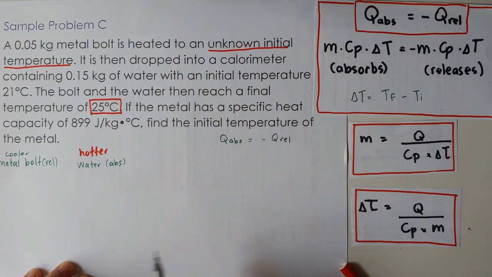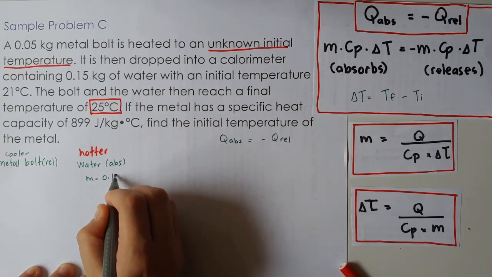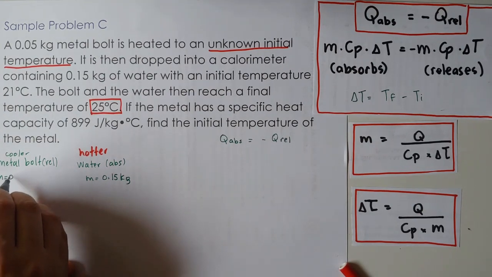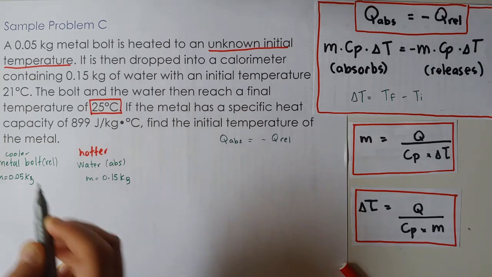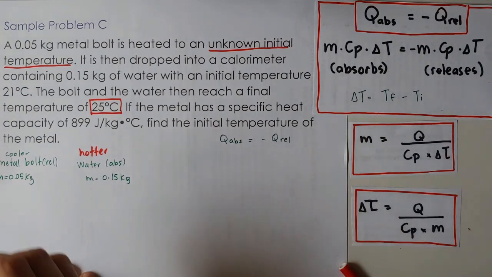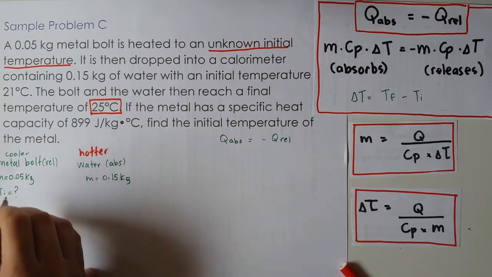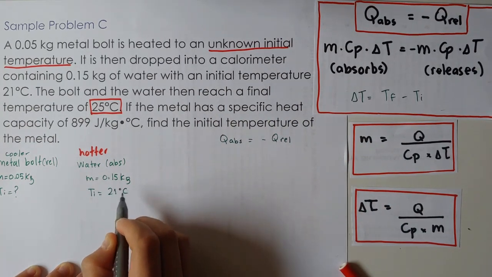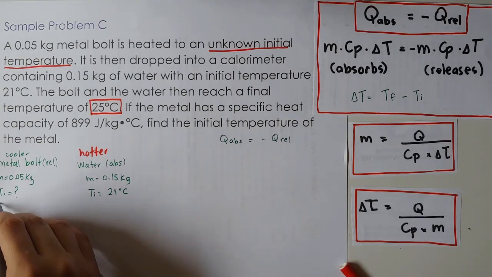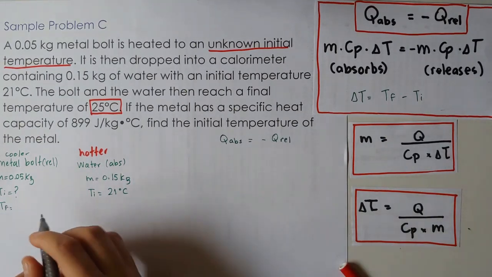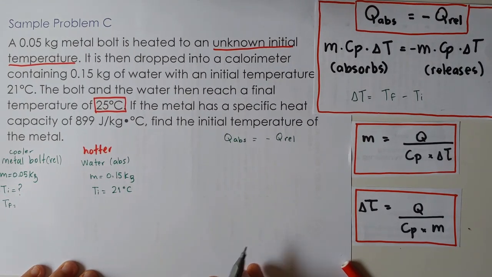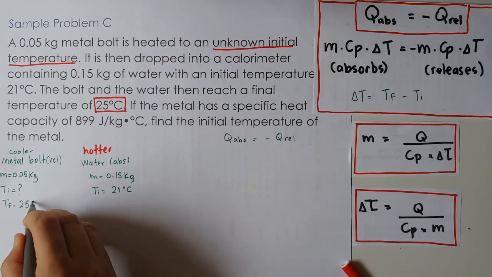And now we're going to point out the givens of each. Of water, I have a mass of 0.15 kilogram, and the metal bolt has a mass of 0.05 kilogram. Now the initial temperature of the bolt is unknown, and the initial temperature of water is 21 degrees Celsius. The final temperature for both is the same, that is the thermal equilibrium, 25 degrees Celsius.